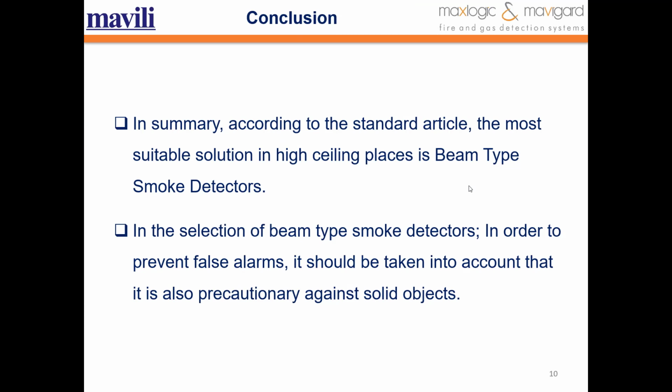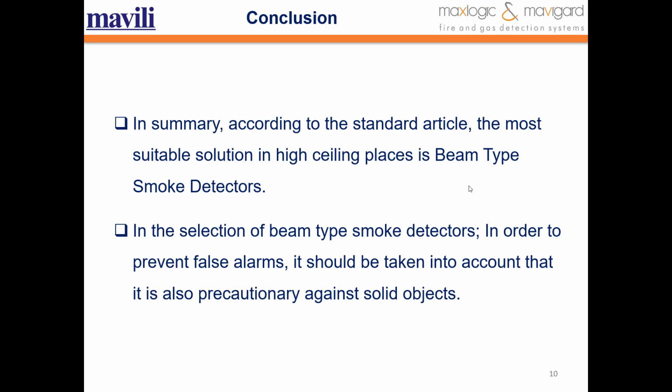As a conclusion, according to the standards article, the most suitable solution in high ceiling places is beam type smoke detectors. Due to its particle structure, smoke blocks the rays by a certain percentage. When a solid object enters between the receiver and the transmitter, the beam exchange is prevented by about 90 to 100%.